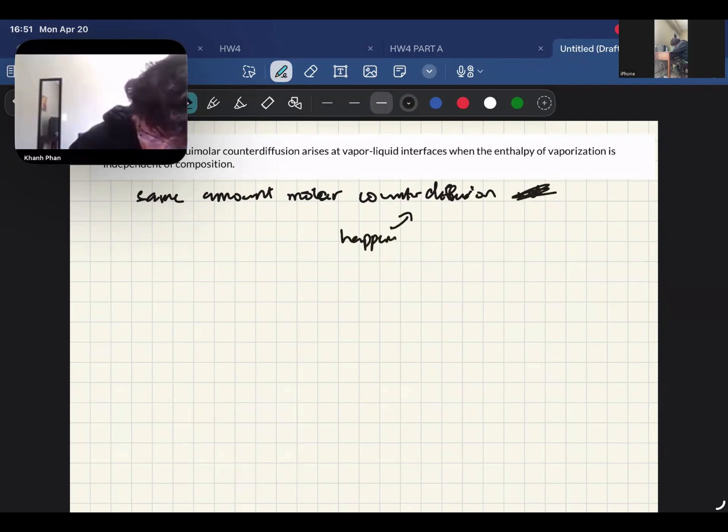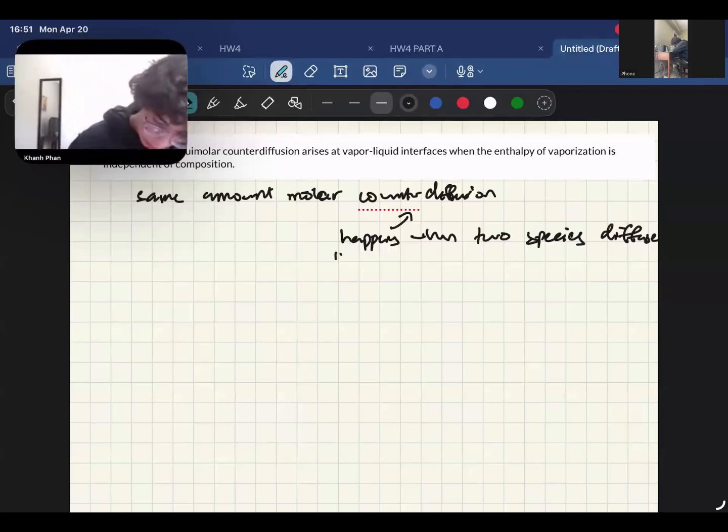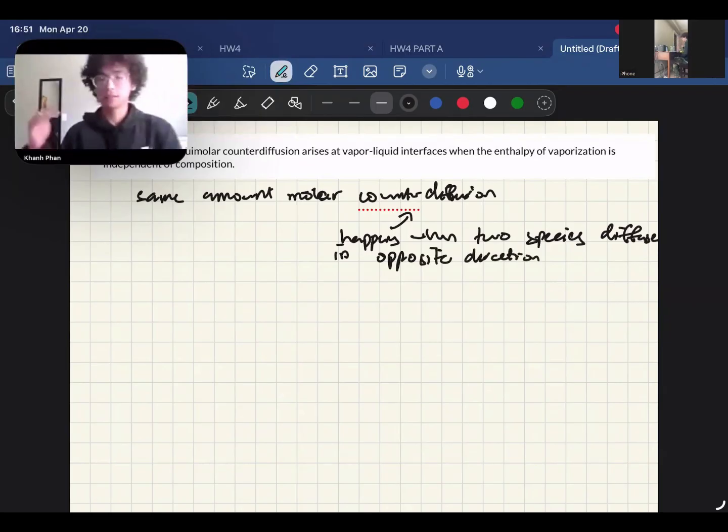Counter diffusion happens when two species diffuse in opposite directions. So essentially, both species diffuse against each other in the opposite direction.